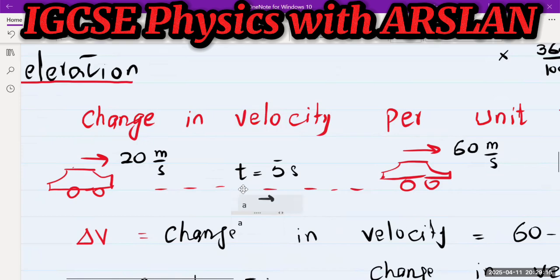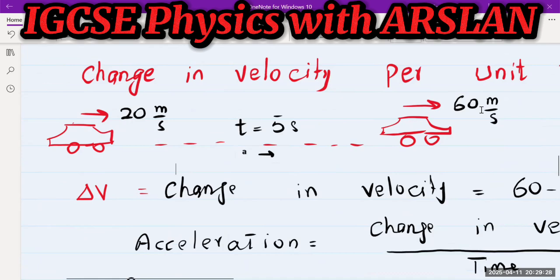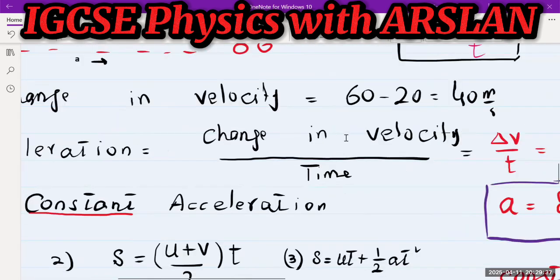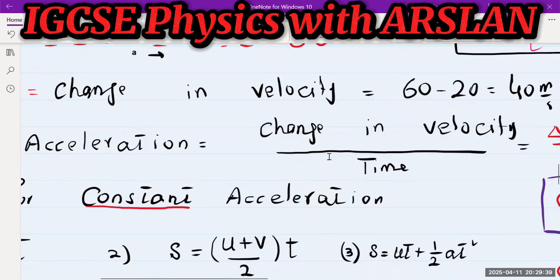Whenever you want to find the acceleration, acceleration is the rate of change of velocity. For example, change in velocity is final velocity minus initial velocity. So 60 minus 20 is 40. How much time? 5 seconds. So 40 divided by time, 5, that will be equal to 8. So acceleration will be 8. Change in velocity over time.